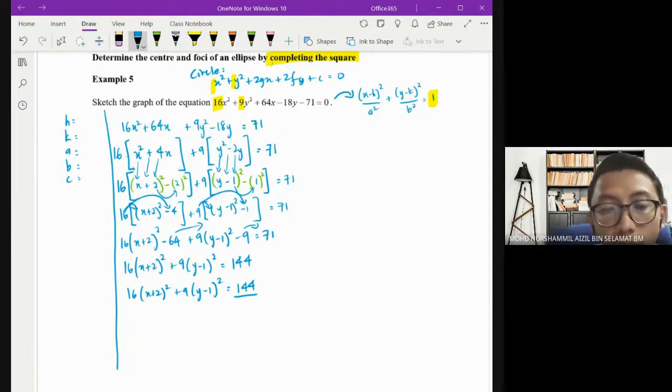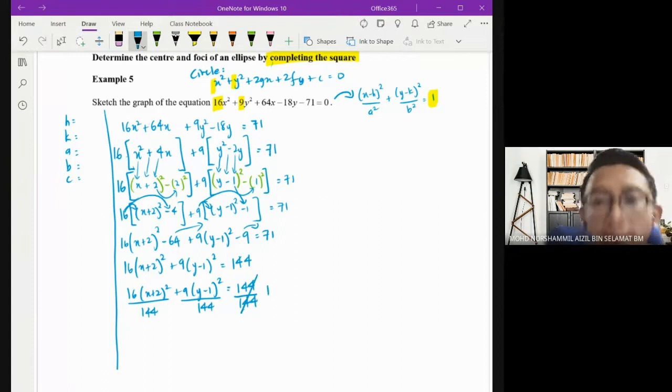To change 144 to 1, what we need is to divide all together by 144. So kita akan bahagi semua dengan 144. Divide the first term by 144, the second term by 144 as well. Because we need to make sure that right hand side will be 1. Because the formula stating that right hand side always 1.